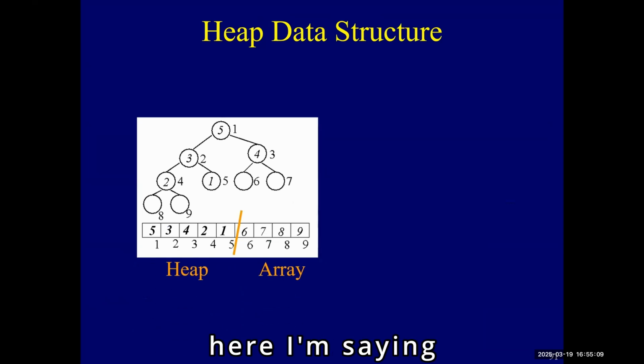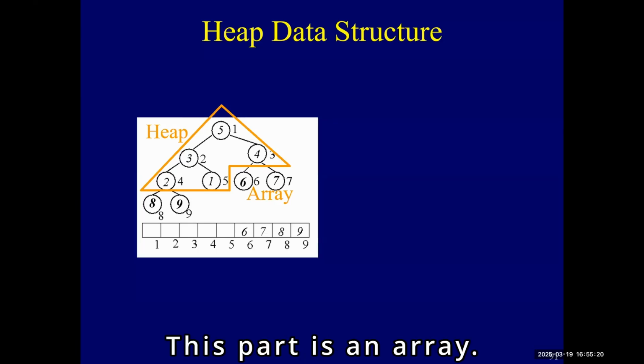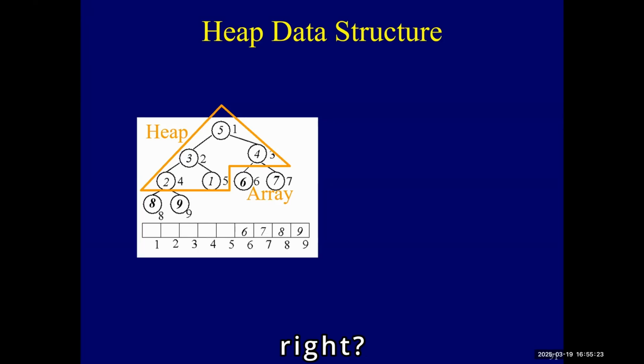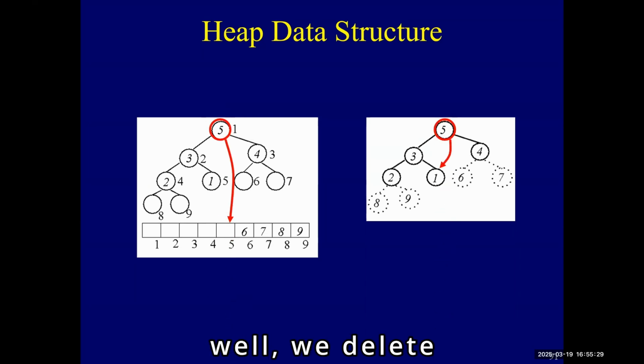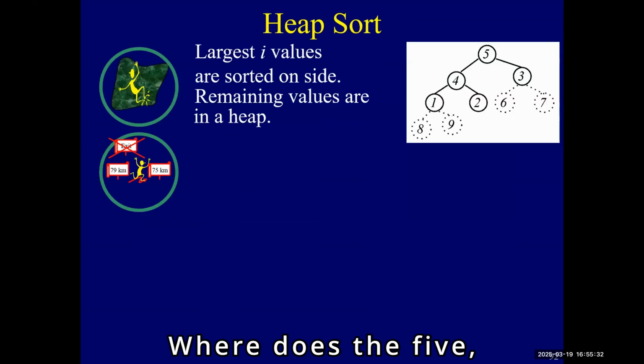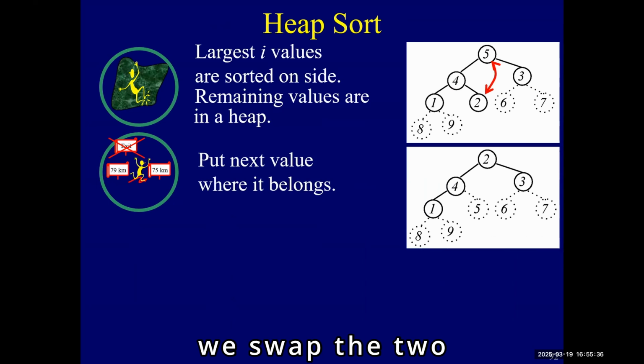Oh, here I'm saying it again, right? These guys here are where they belong. Those guys there are in a heap, right? This part is an array. That part is a heap, right? And here it is again. And then the 5, well, we delete the 5. Where does the 5 go? We swap the 2 and the 5 because we're deleting the 5.